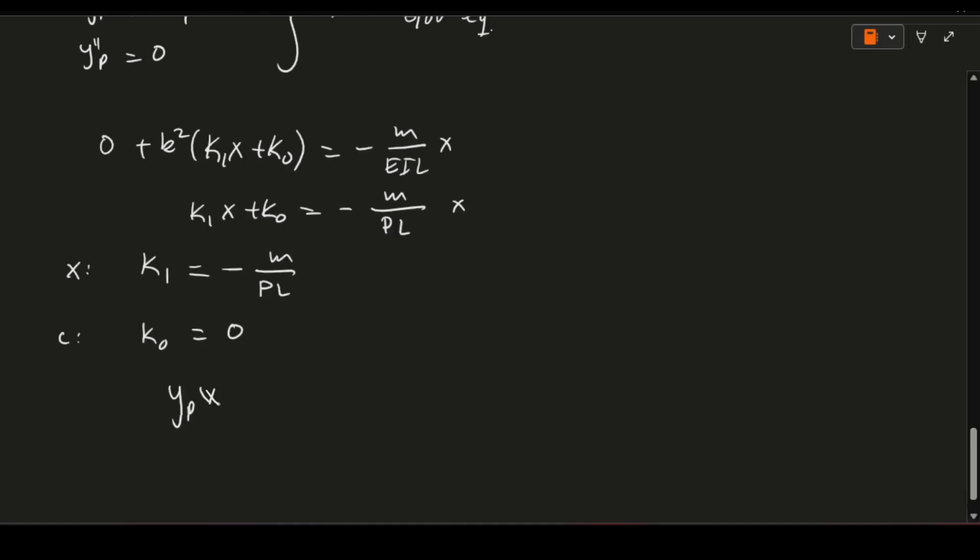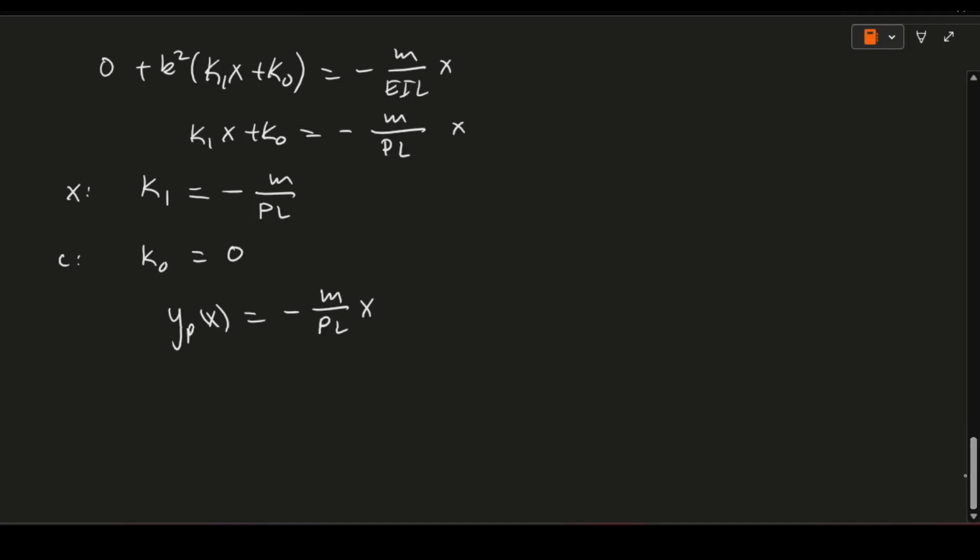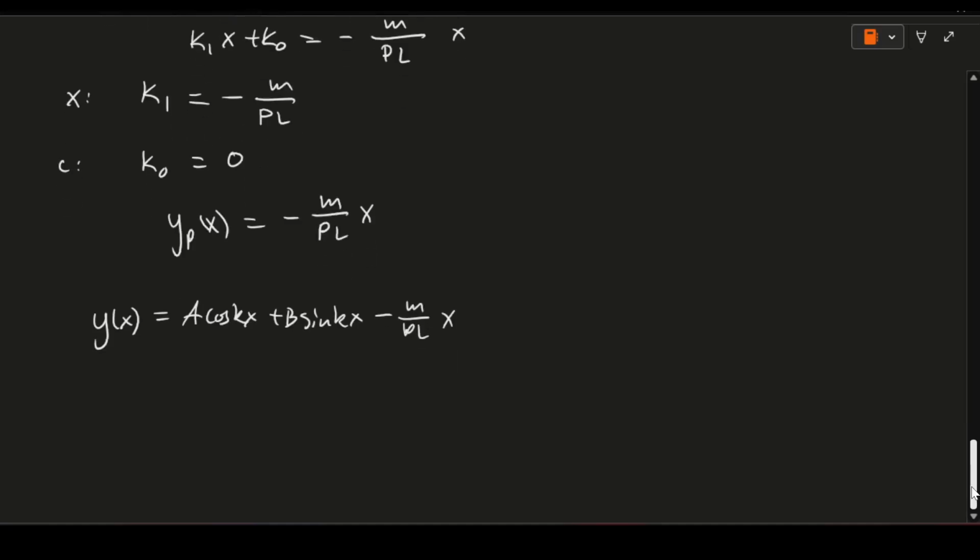So the particular solution then becomes minus M over PL times x. And now we can insert this into the total solution: y of x is a cosine kx plus b sine kx minus M over PL times x.